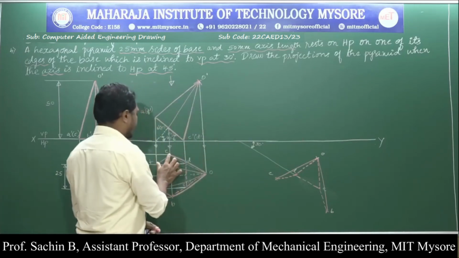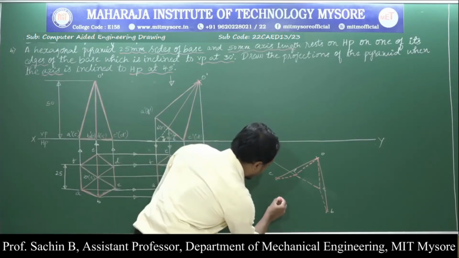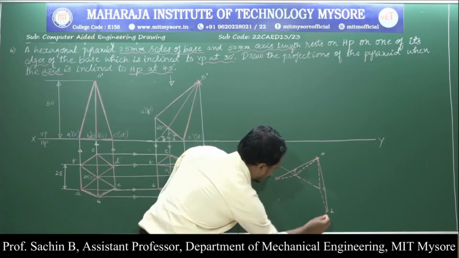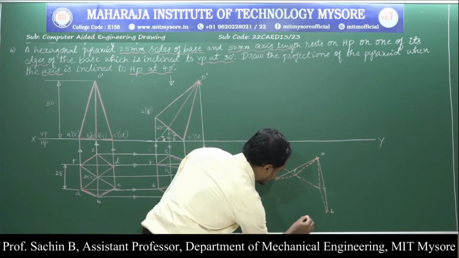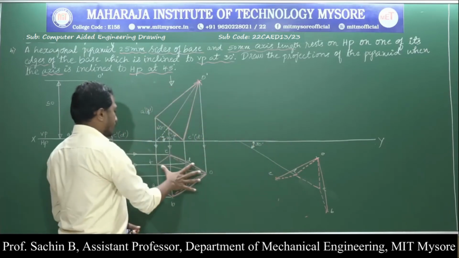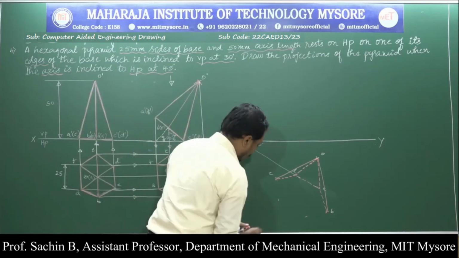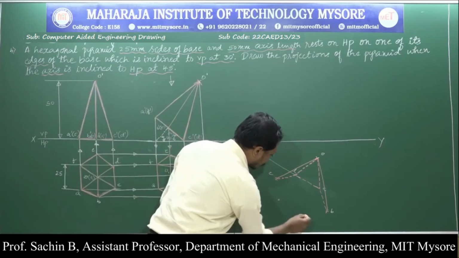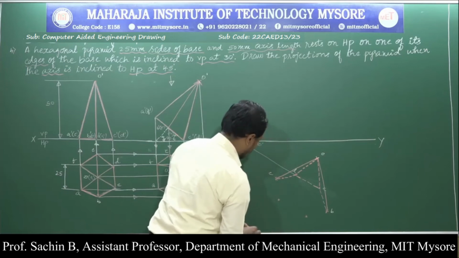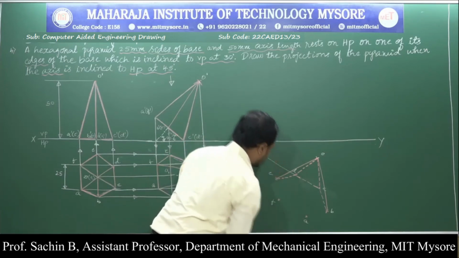I will measure from F to E or from A to B. Again I will cut an arc over here and one arc from the B side. Next I will measure from O to F or O to A and intersect this arc. This is my F point, this is my A point.